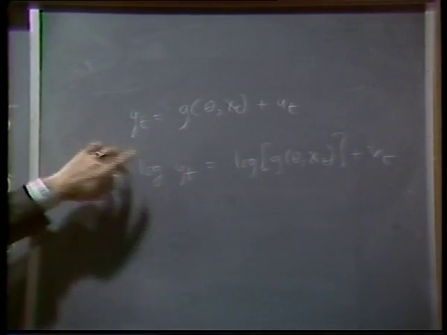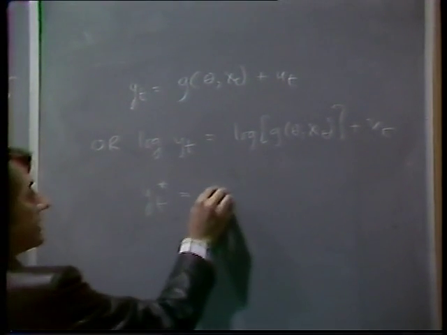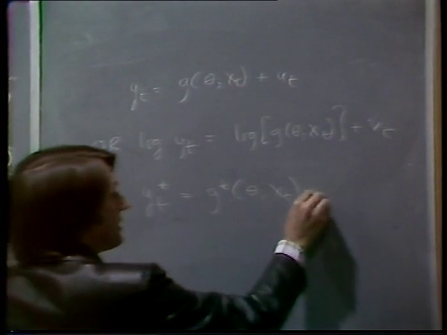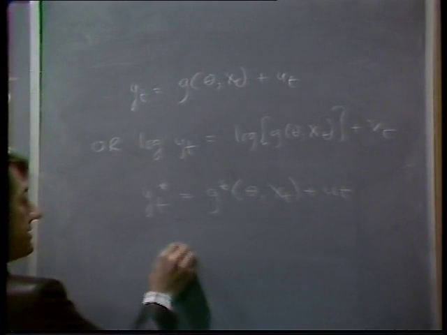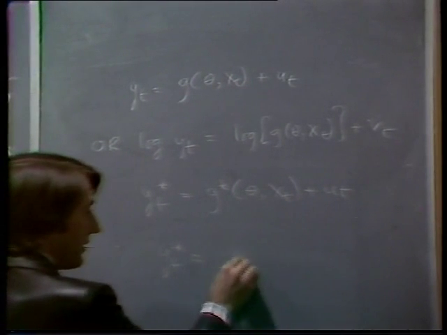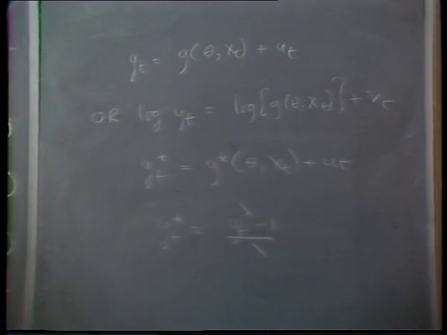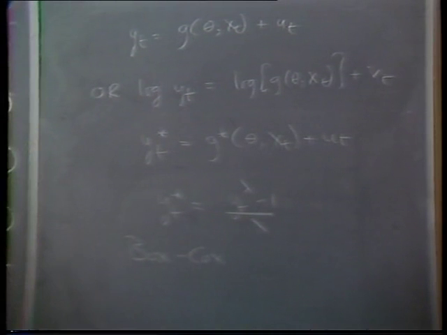And we can nest those two models in the model which considers y star as a function of g star of theta, x_t plus u, where y star is y to the power lambda minus 1 upon lambda, and similarly for g star. In other words, that is the Box and Cox transformation.